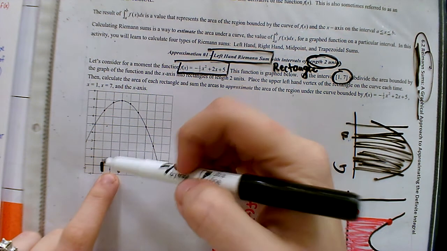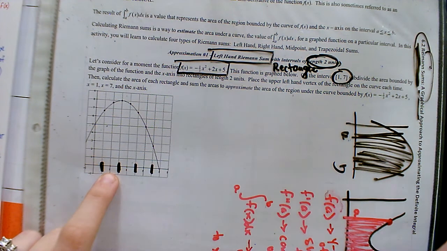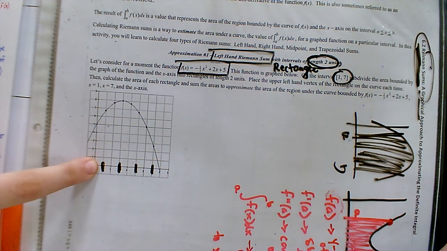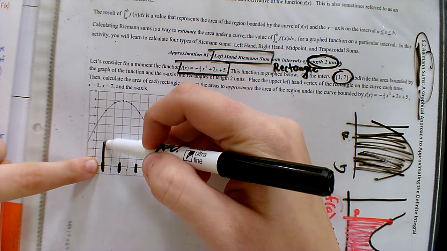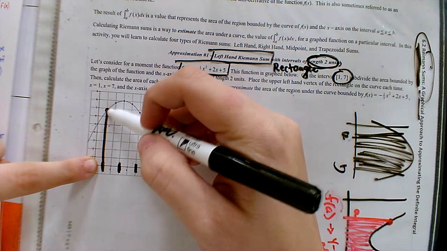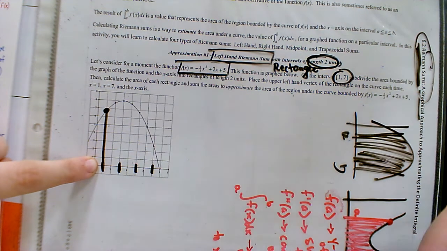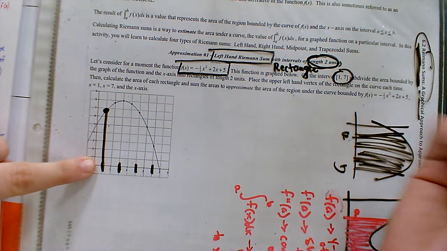Our first rectangle is going to go from 1 to 3. Notice how the left-hand side would be at the x value of 1. So on the left-hand side, I want you to draw up until you hit the curve. I want you to make kind of a big dot at that spot.